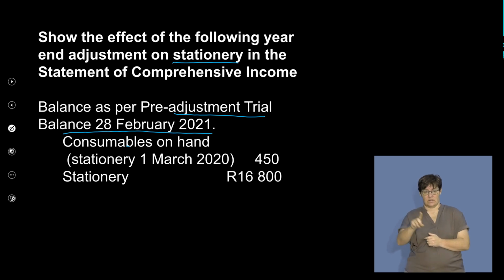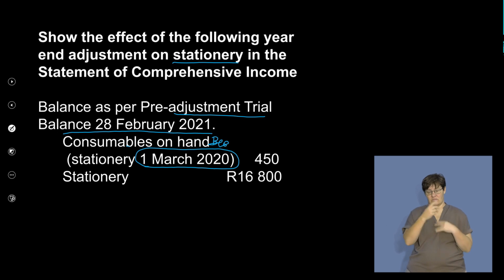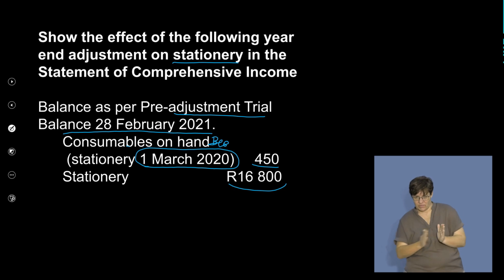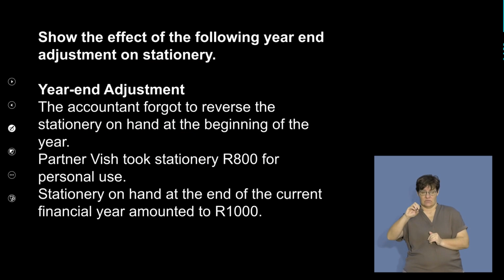Then I've got consumables on hand, stationery, 1st of March 2020, so obviously at the beginning of the year, there is stationery on hand, 450 Rand. Then stationery that was purchased in this financial year, an amount of 16,800. So let's read on.